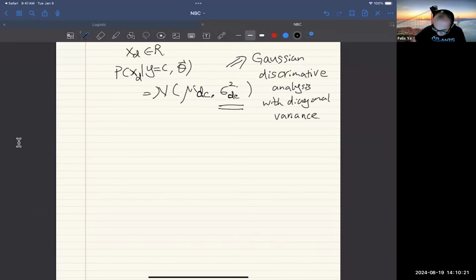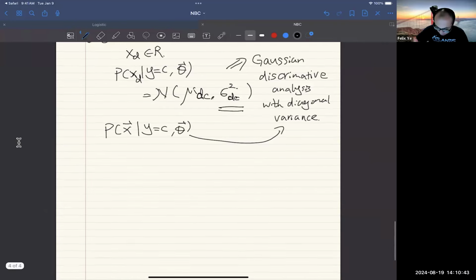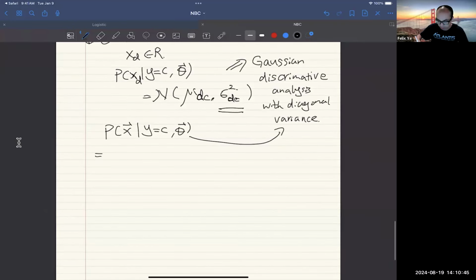Basically, each component will be a Gaussian. But if we vectorize x and think about the probability of x conditional on y equal to c and theta, this is basically a Gaussian distribution with the variances on the diagonals. But we also need to multiply them together, right?